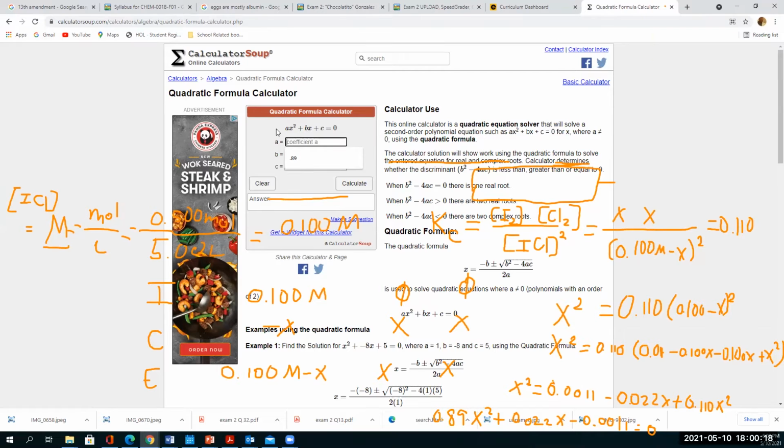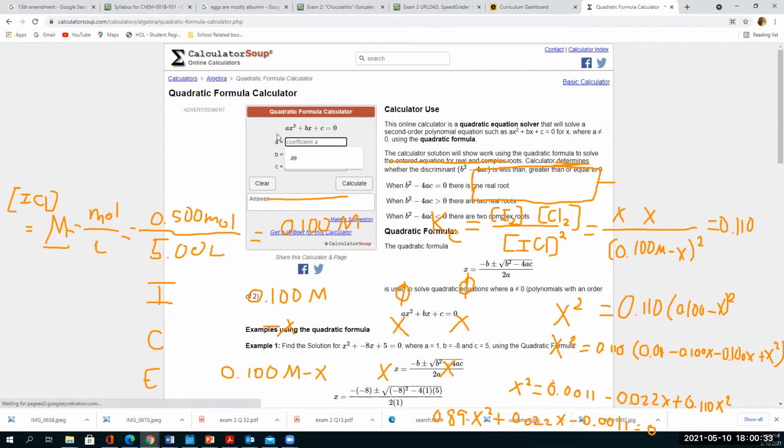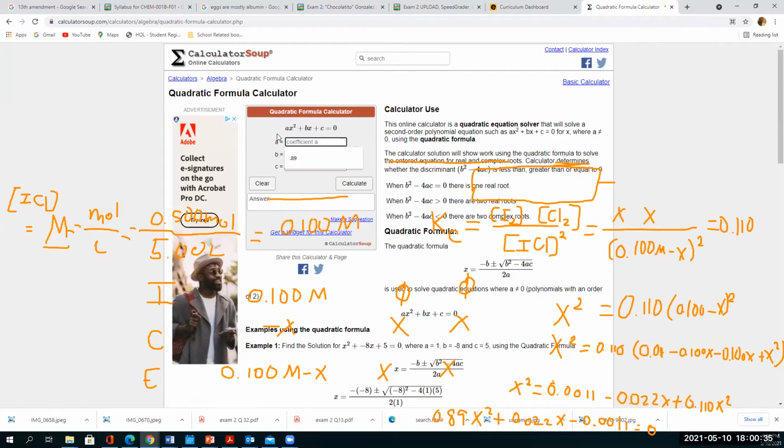The quadratic is ax squared. I see it's ax squared, but what are we gonna plug in down here from our formula? I'm lost.